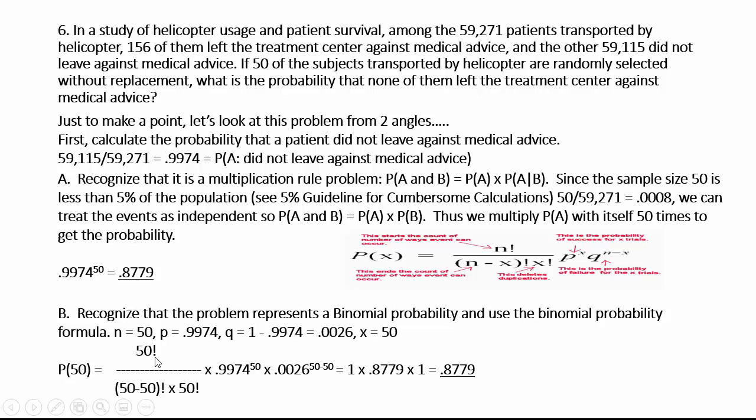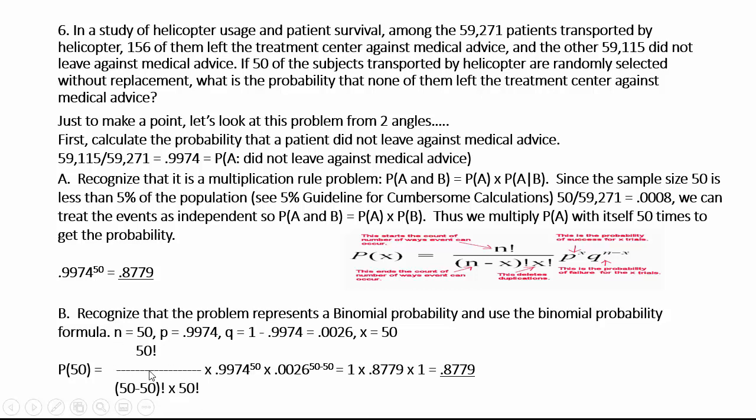You've got 50 factorial over 50 minus 50, that is n minus x, which is 0 factorial, and 0 factorial, by the way, is 1. Might not seem like it should, but it is. Times 50 factorial. So all we have left over here is 50 factorial over 50 factorial. This whole expression, which represents, by the way, the combinations that you can have these things, represents 1.